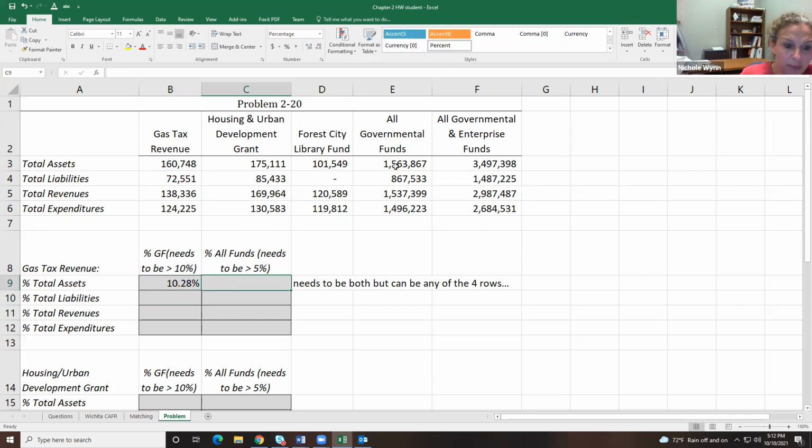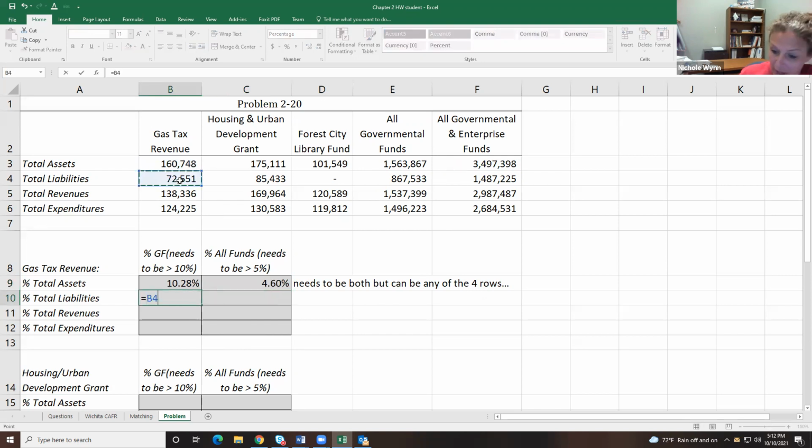Oh, that's good. Okay, but it also has to be more here. Needs to be both, but can be any of the rows. So if any one of the rows does it, then that's fine. So here divided by here. Oh, nope. Okay, so it didn't meet the category there, but you have to check each of them.